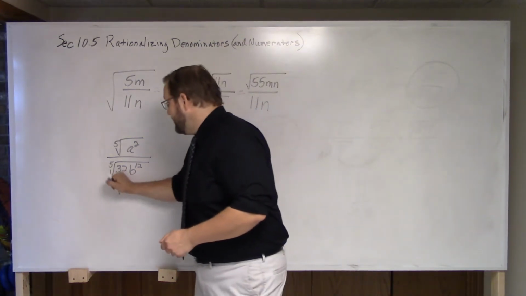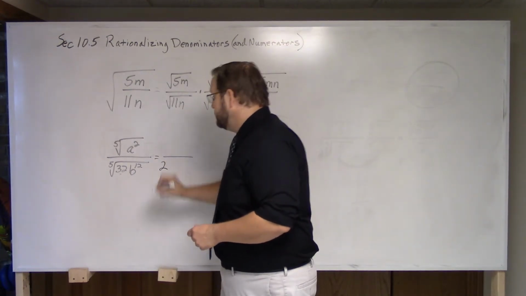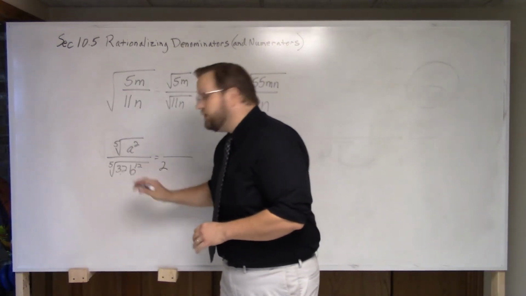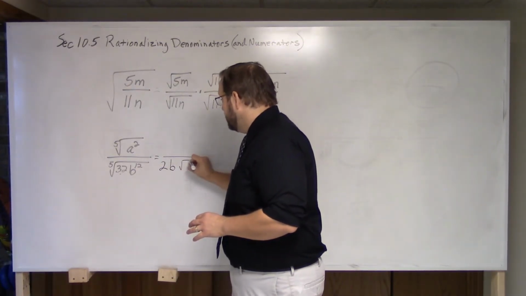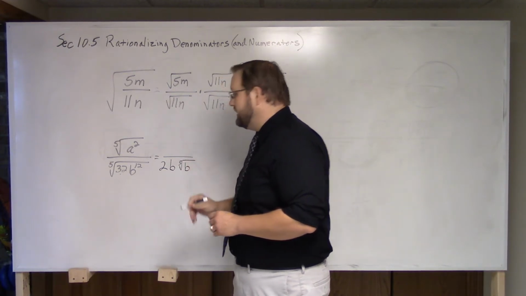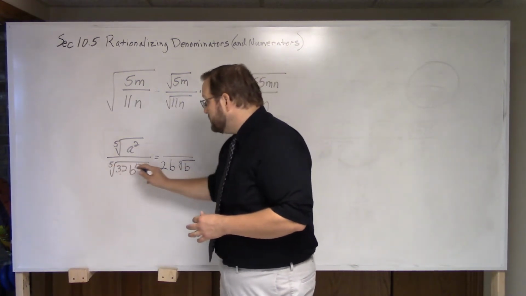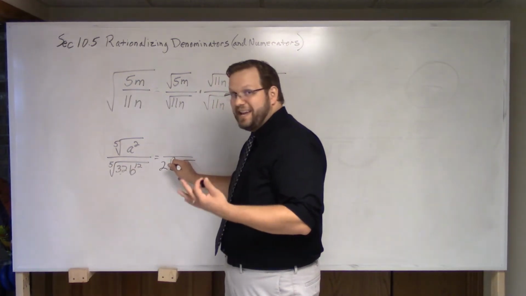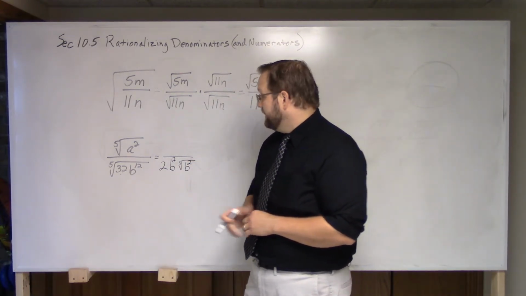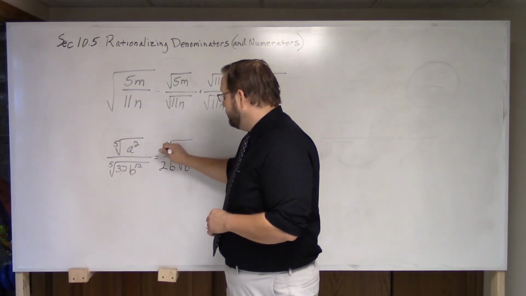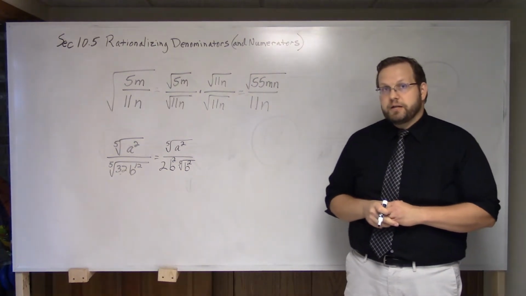So forget about breaking it up. Fifth root of 32 is 2. Now, 5 and 12, that is not going to divide evenly. So I'm going to have some b's coming out, and I'm also going to have some b's staying in. If you need to do the long division to see that, go right ahead. But 5 goes into 12 twice to make 10, but then there's 2 remainder. And then I have a fifth root of a squared.